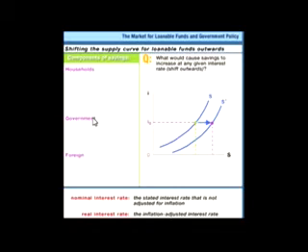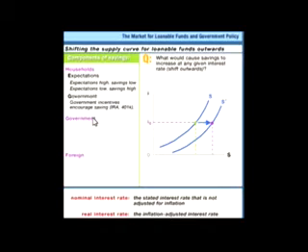Suppose, first of all, people became fearful about the future and they decided that they needed to save more because they were afraid they might lose their jobs. Another thing that might happen is the government provides incentives to households to save more, like whenever you had the opportunity, beginning in the 80s, to have an individual retirement account or a 401k or a 403b. These government incentives encourage people to do more savings.